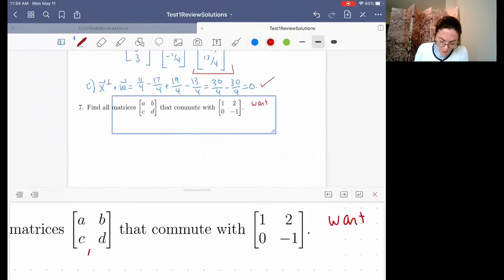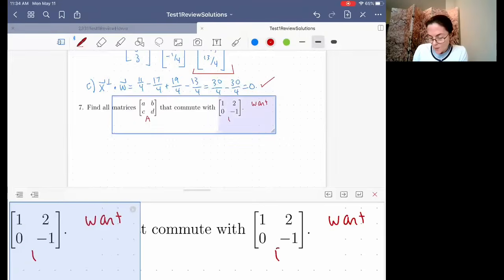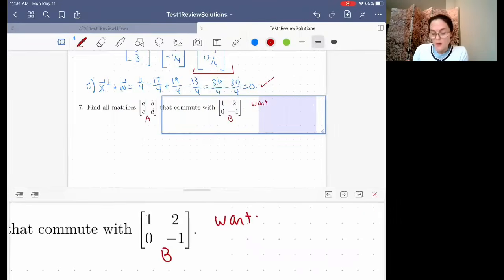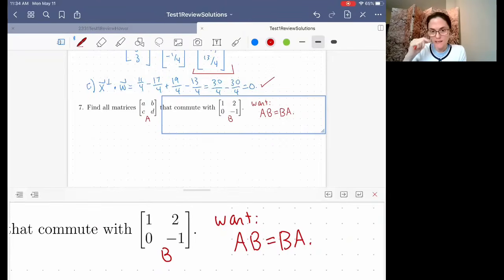If this is capital A and this is capital B, two matrices commute. What it means is that AB equals BA. Well, this only happens when the matrices are square and of the same size. It's the only possible way it can happen, and we see that here.